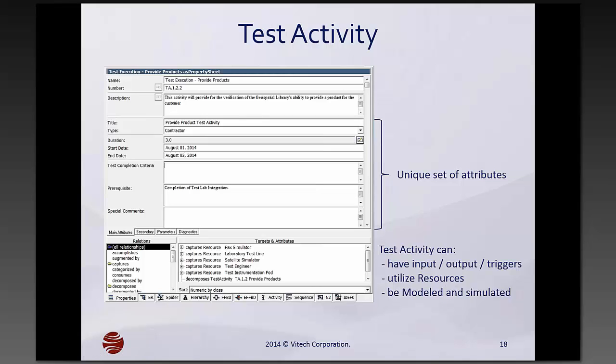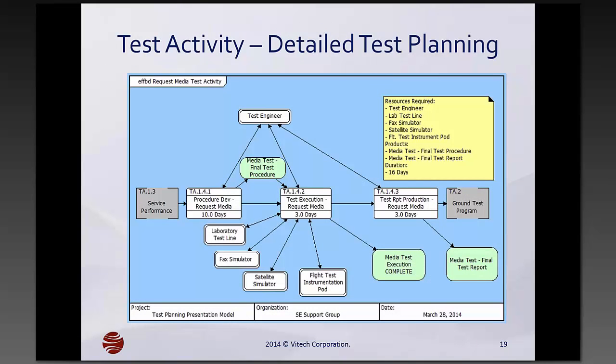So what happens is we can look at test activities this way. I can look at this particular test activity called request media test activity, and I can see that to do this test, I have a duration for how long the test is going to take. I have resources I have to use down here to actually perform the test.